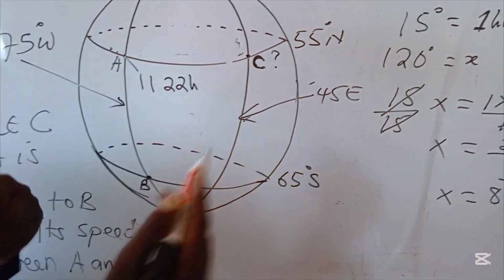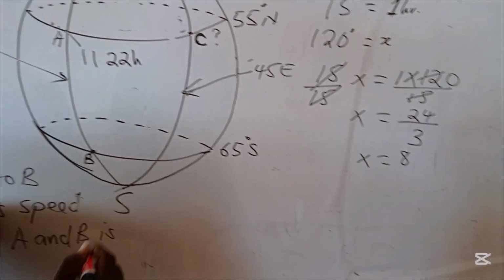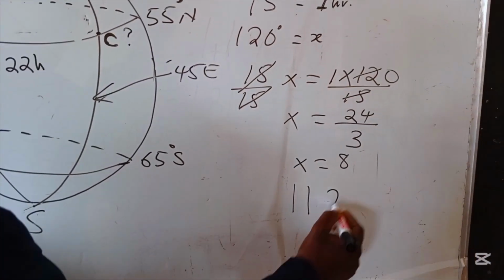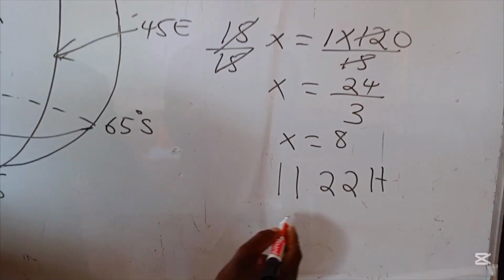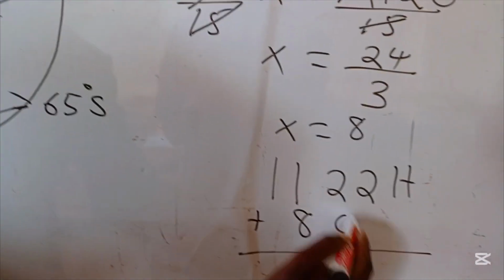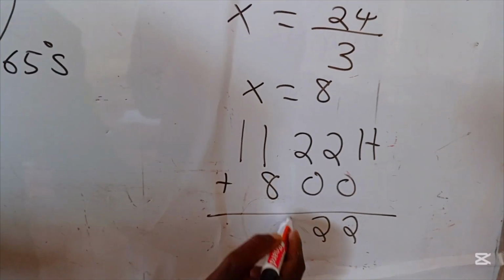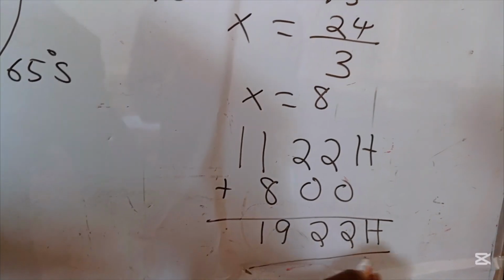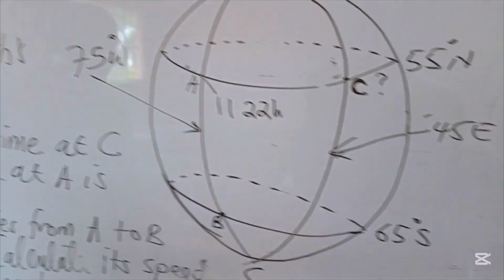In this case, I'm going to the east, to C. My time at A was 11:22 hours, so what will be the time at C? You add the 8 hours. These are minutes, so this is 22, and my time will be 19:22 hours. So my time at C will be 19:22 hours.